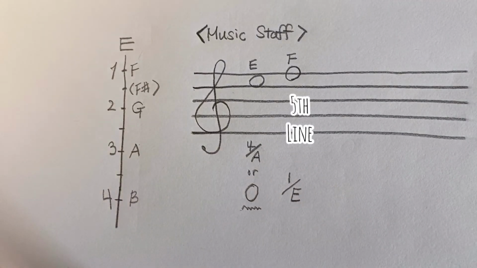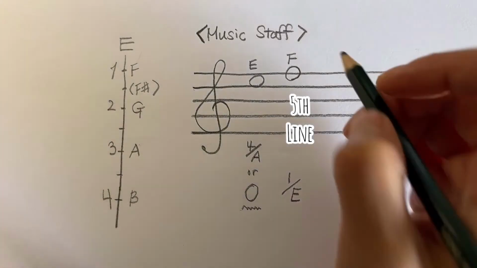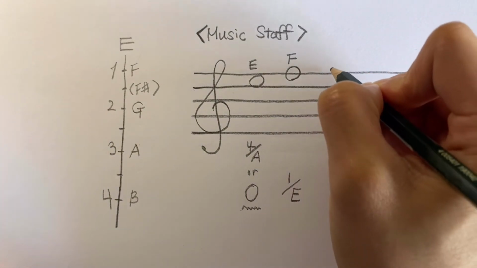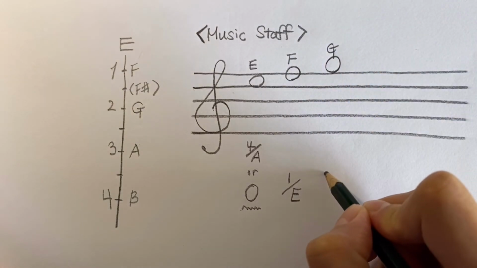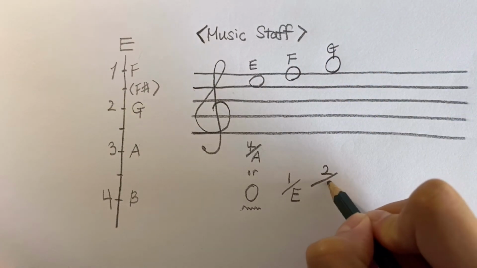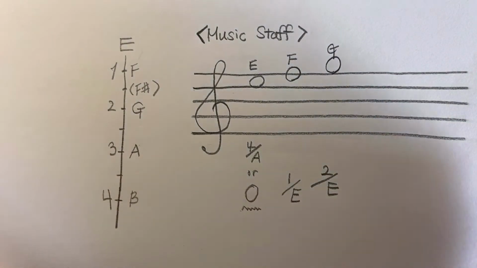And you can see F is on the fifth line. Next note is G, above the fifth line. You can play that G with your second finger on the E string.